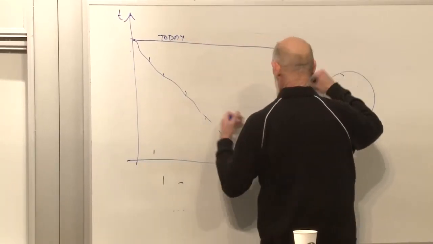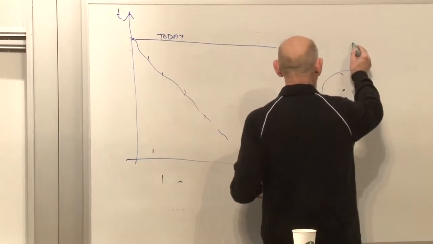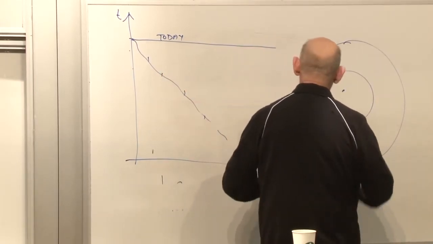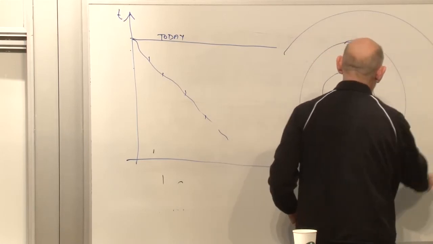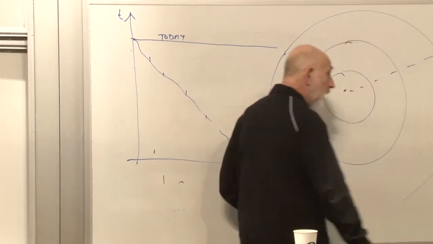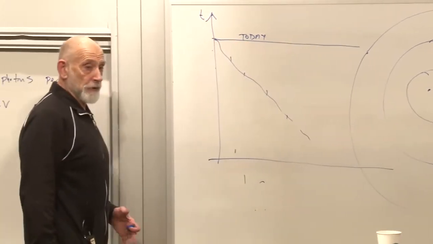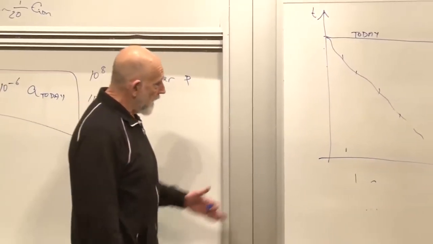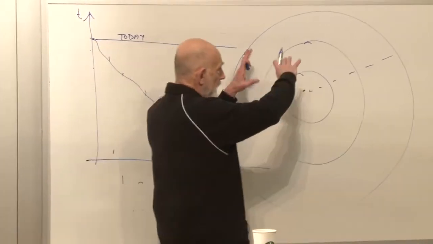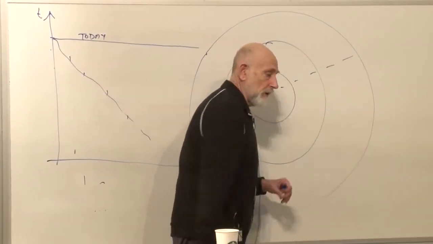Further out, we see things as they were 1,000,000 years ago, further and further out, and eventually we see back to the time at which this recombination took place. From our perspective, it's shells corresponding to different times.